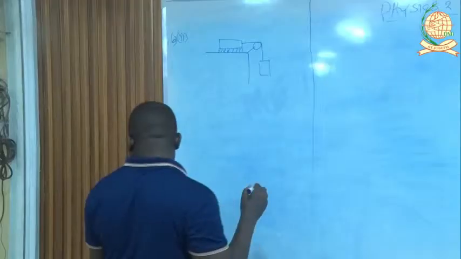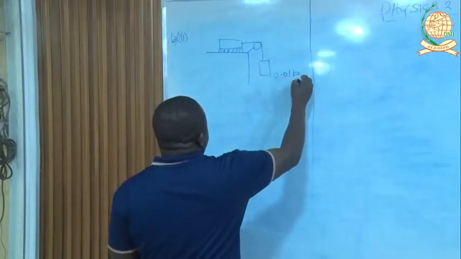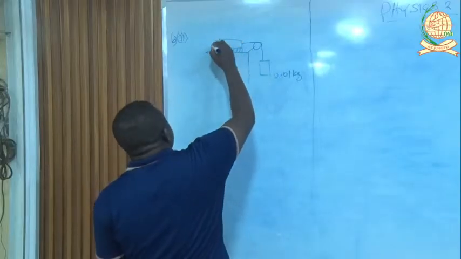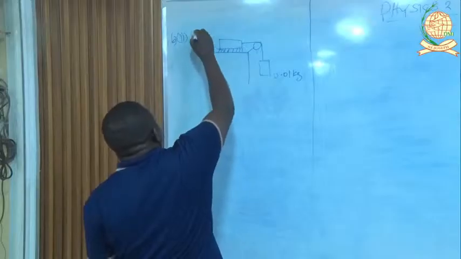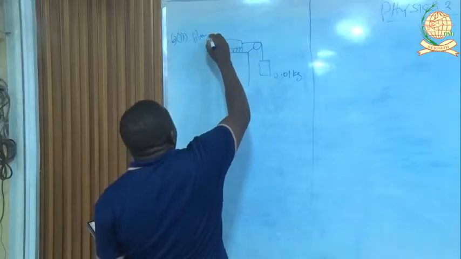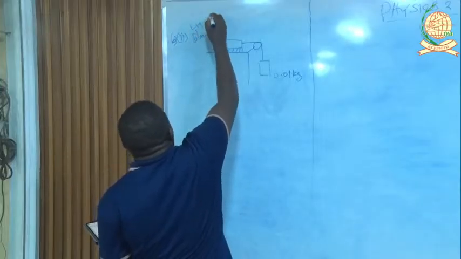This is 0.01 kilogram. So this is the film of liquid. So it is a liquid film.